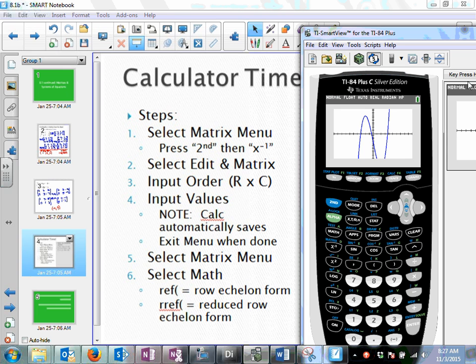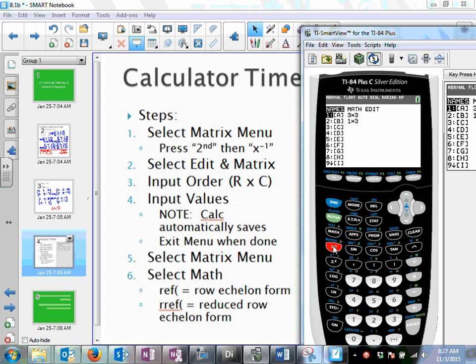What you're going to do is we want to first get to the matrix menu. So I want everyone to find second, and then your matrix menu is the blue, the second of x to the negative first. So everyone get to their matrix menu. Can we find that?